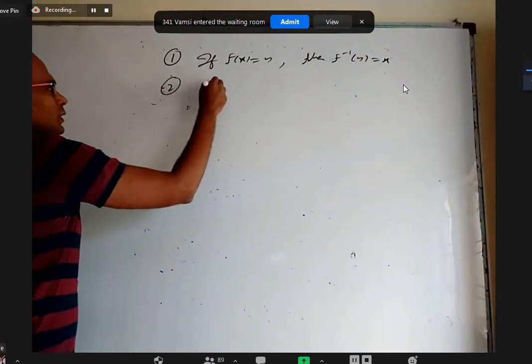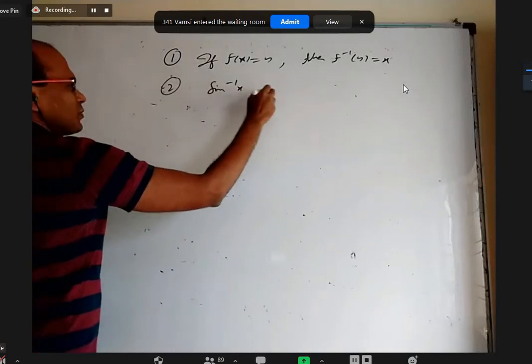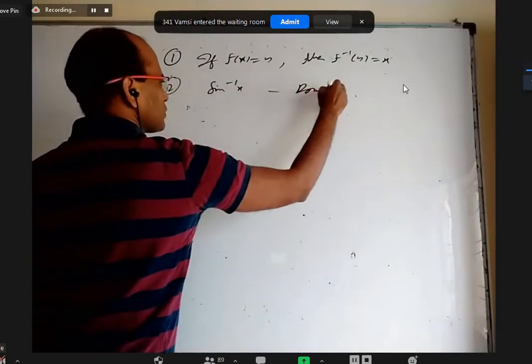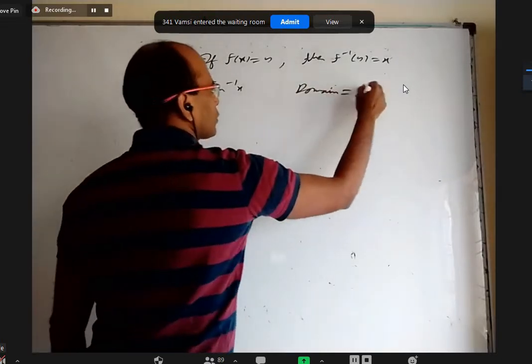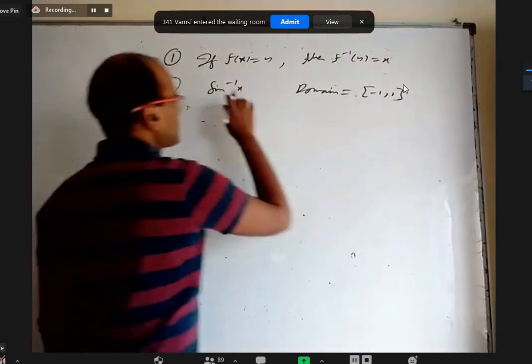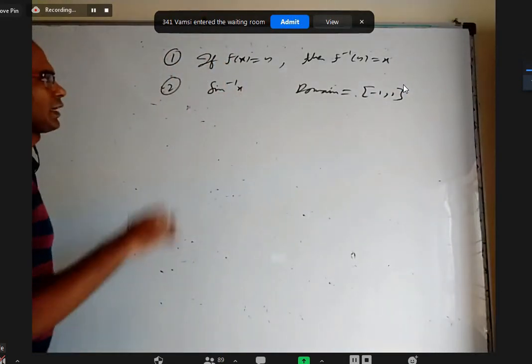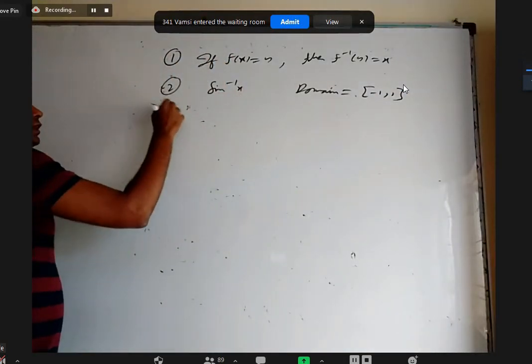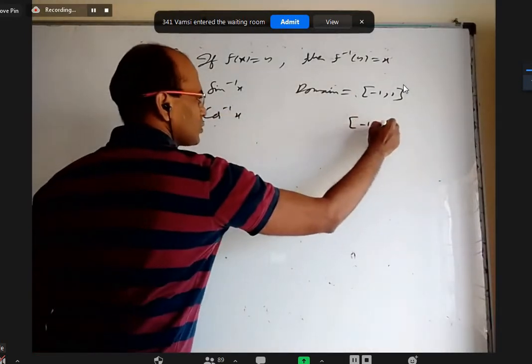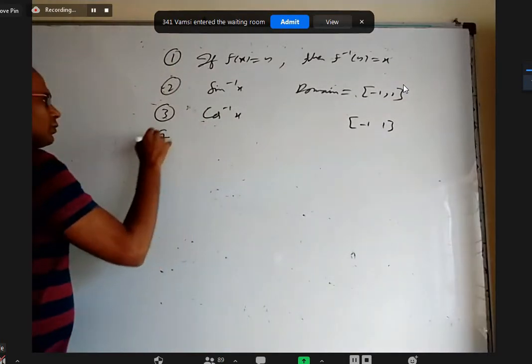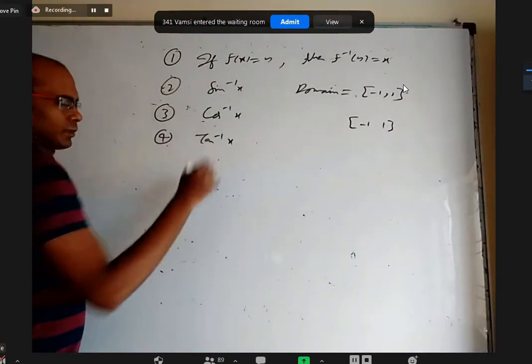Second, sine inverse x, for this the domain is the closed interval minus 1 to 1. Sine inverse x is defined when x is between minus 1 to 1. Similarly, cos inverse x, what is the domain? Same, minus 1 to 1.